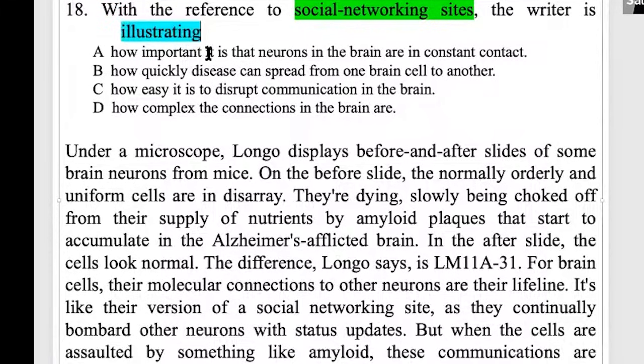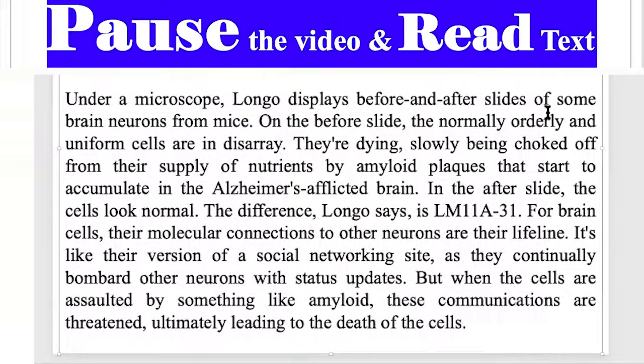In the answer options: important, contact; spread from one to another, disease can spread; disrupt communication; complex connections. So you can just silently read for 1 minute. Please read the text.